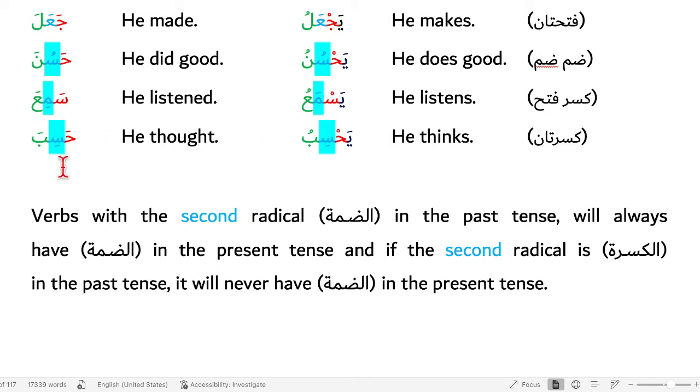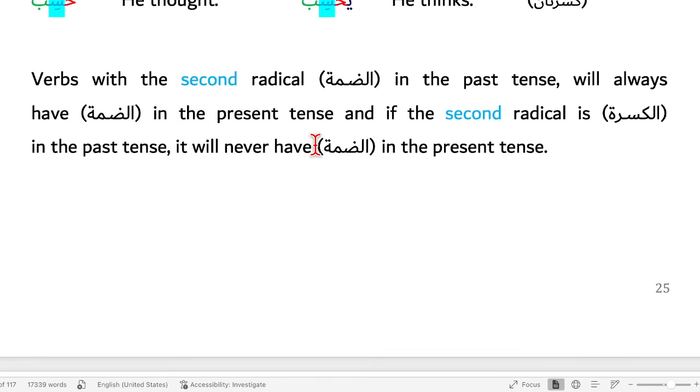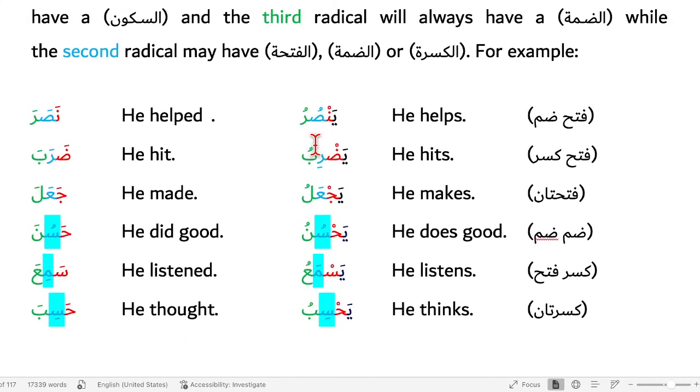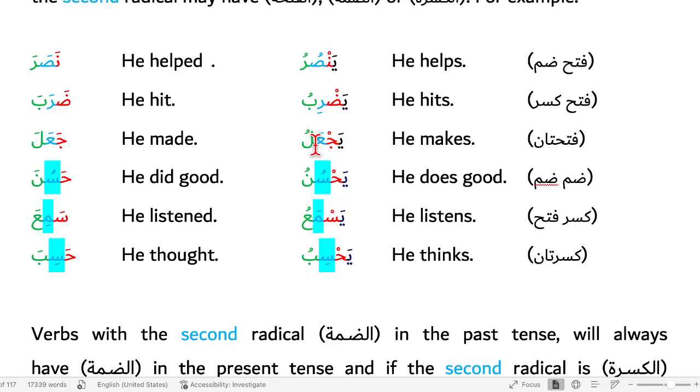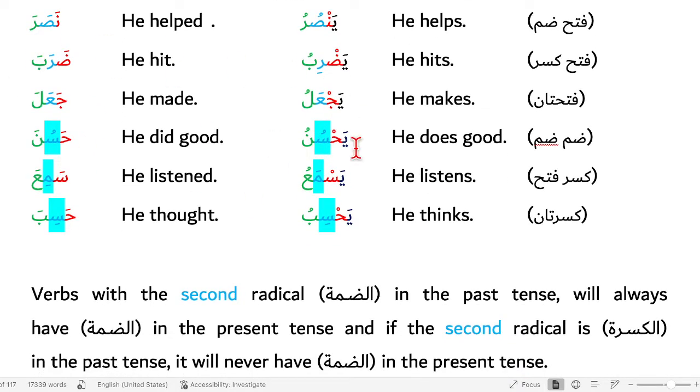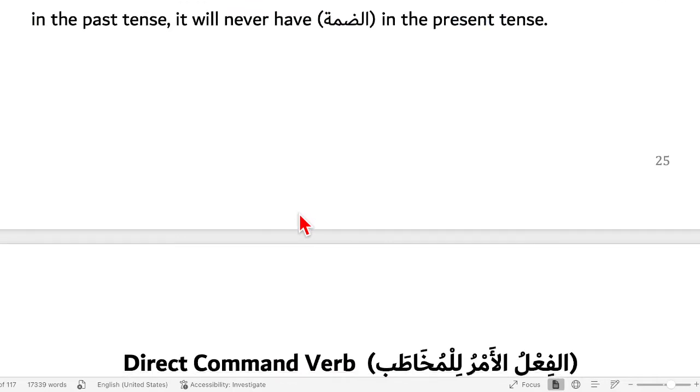But in both cases, there is no such verb that in the past having kasra will have a dhamma in the present tense. Okay, so this is for the present tense, how to make the conjugation, and there are some rules to remember when converting a past tense into the present tense.